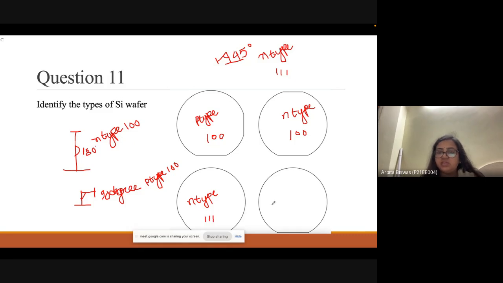And the fourth one, here you can see that there is only one cut mark. There is only one primary cut. So if there is only one primary cut, then it is called P type 111.